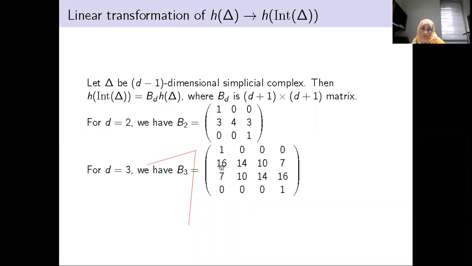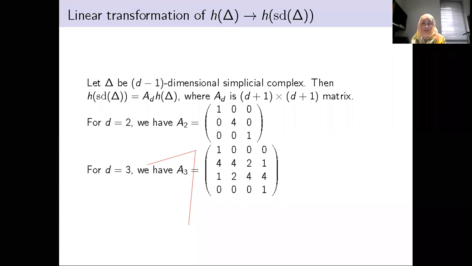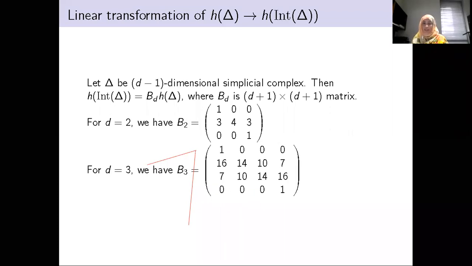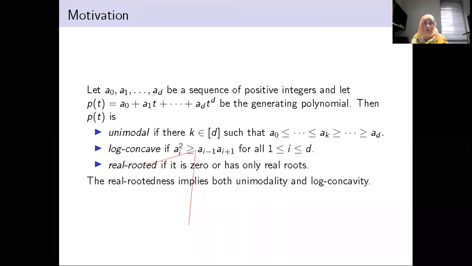For example, the first row and the last row have the same opposite connection, similarly for the second and third, and the same is true for the columns as well. So what was known for the barycentric subdivision, can we see similar results for these interval subdivisions or not? To answer this question, let me give you some motivation.